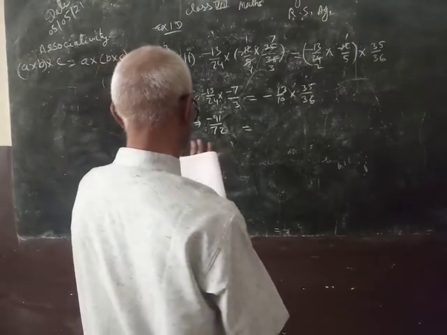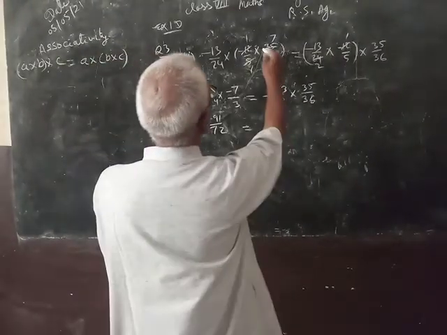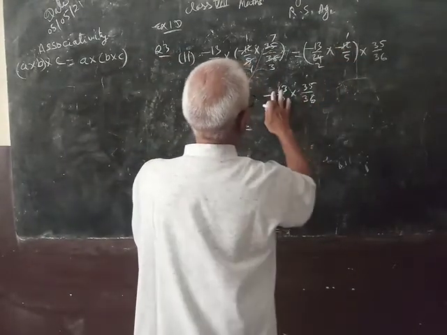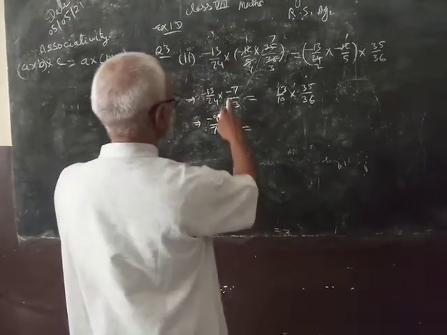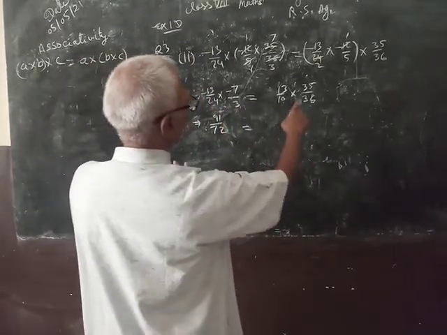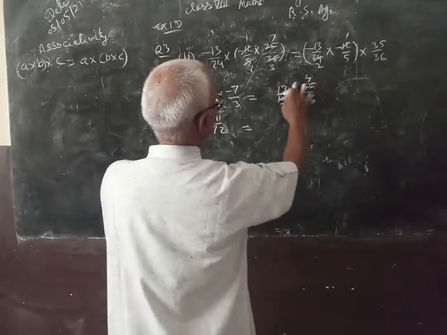Let us check once more. Here this is also minus, this is also minus, so minus minus becomes plus. So this becomes plus 91 by 72, and here 5 2 ja and 5 7 ja.